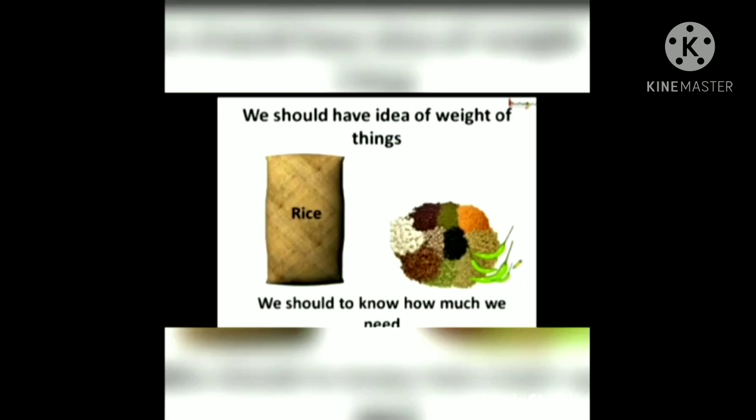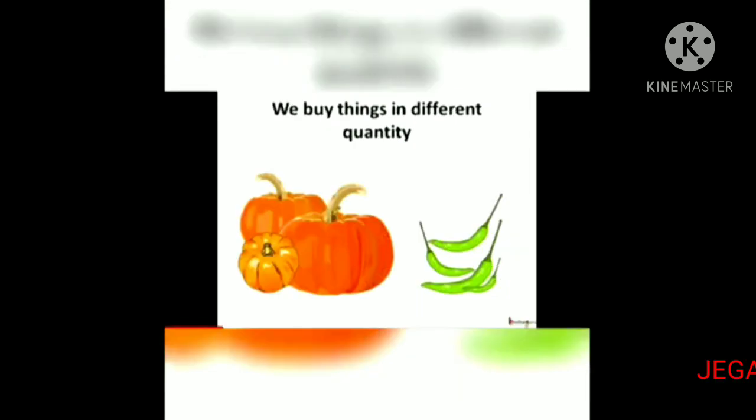So this is a variation. We know our needs, so we buy in different quantities. We do not need to buy all things in the same quantity. We buy most things according to our needs.